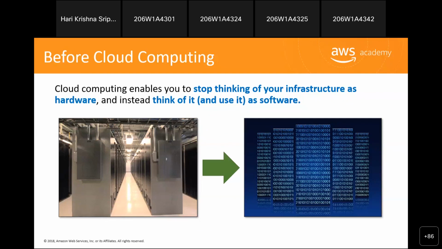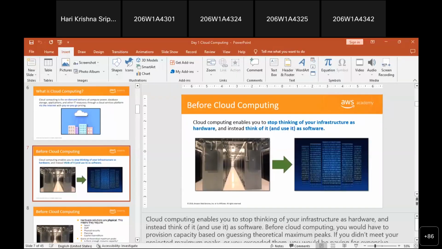Yesterday we had a discussion about the problems you face when you are running your server on your premise. Let's go back and try to understand it in a very easy manner, because this is very important.